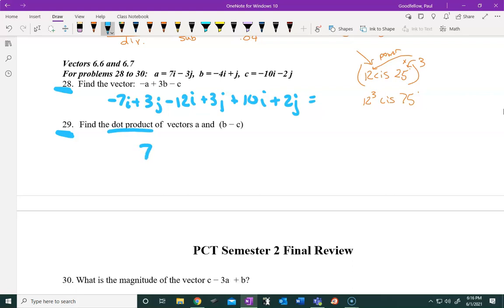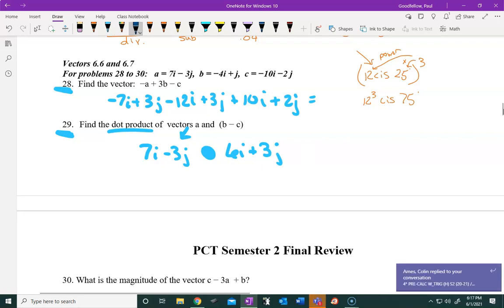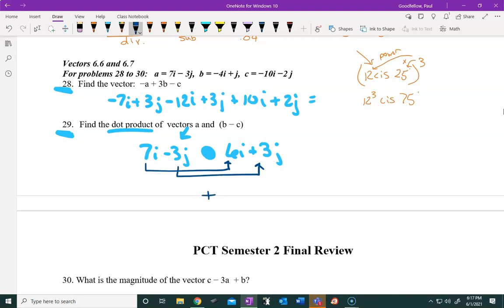Dot products. Well, 7i minus 3j is another name for a. That's this guy right here. B minus c, which we'll do in our head up here on the top. So I'm going to take this one minus that one. That would be 6i, and that would be negative, positive 3j. And then if I do a dot product, you multiply the x's and you multiply the y's, and then you add the two together.